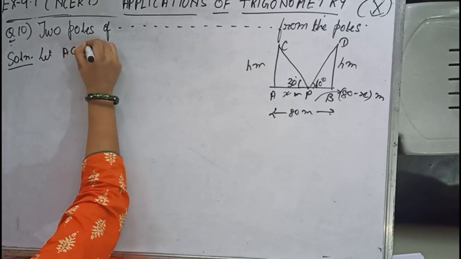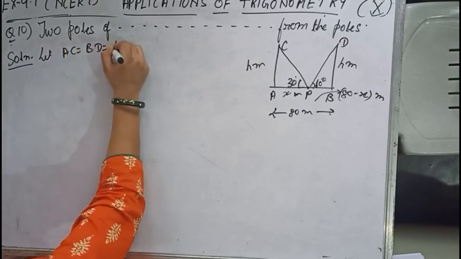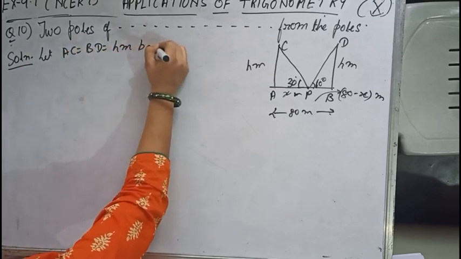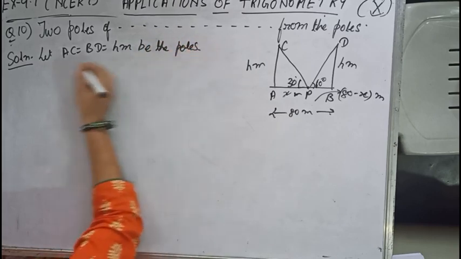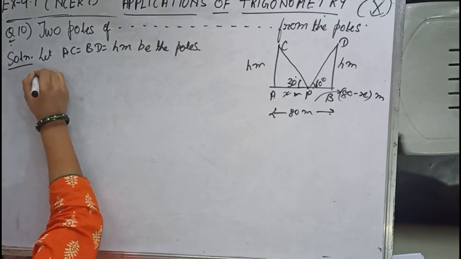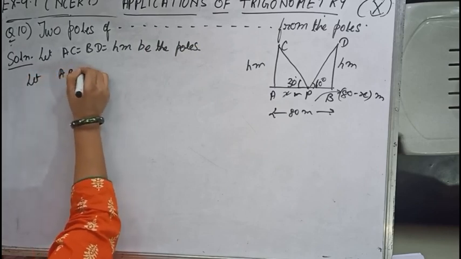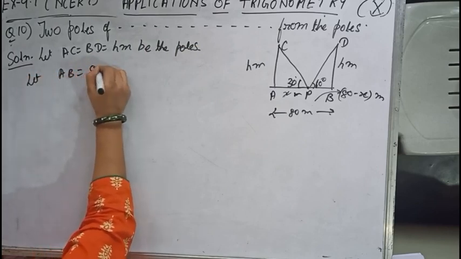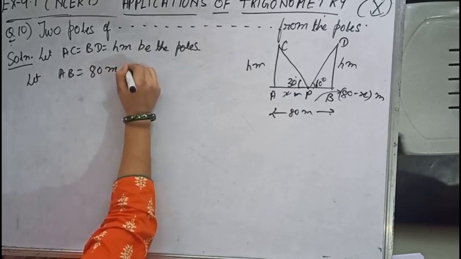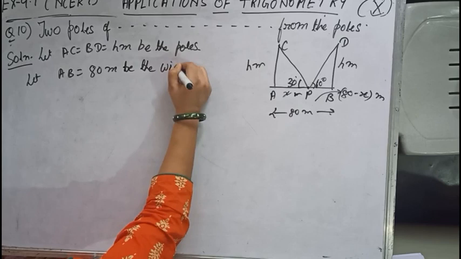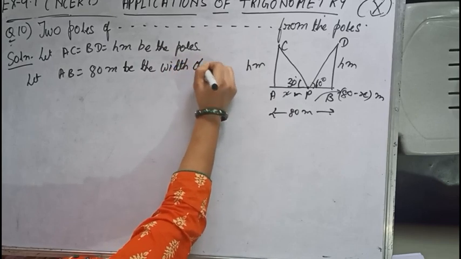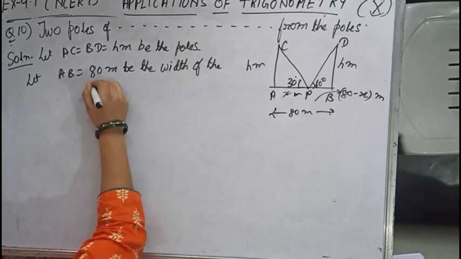Let AC equals BD equals h meter be the poles. Let AB equals 80 meter be the width of the road.